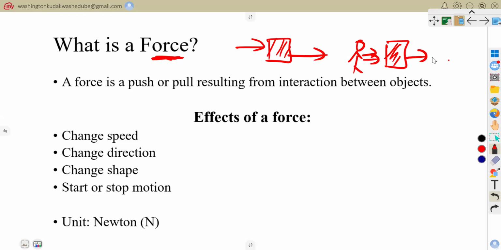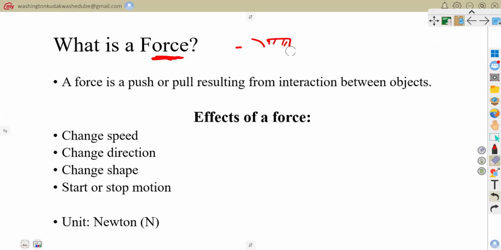When you pull a box, you are also applying a force. So this is what we term a force. A force is either a push or a pull that results from interaction of bodies, or else interaction between two or more objects.